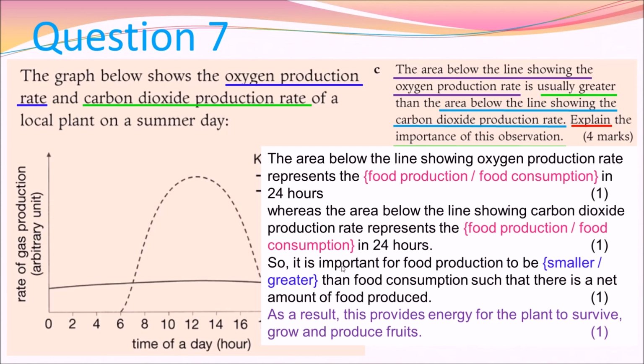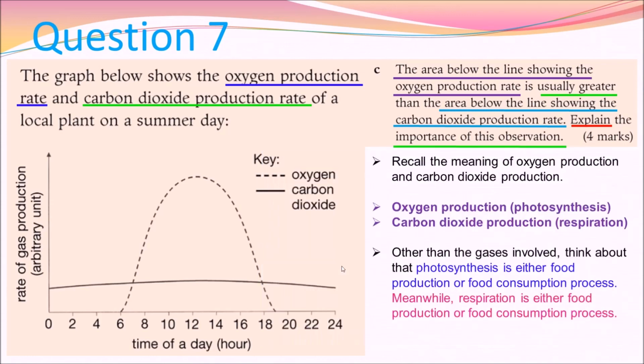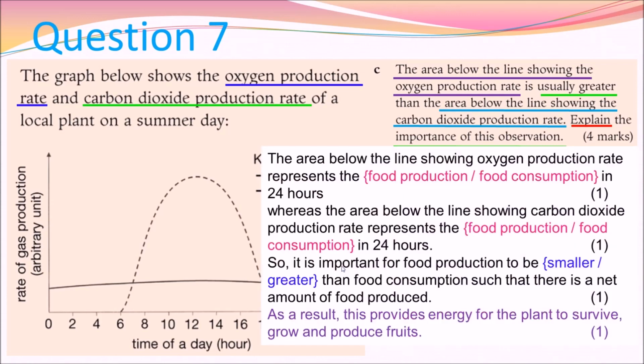You have the last sentence already. So for the first 3 statements, you think about the question I asked you. O2 production, CO2 production, photosynthesis, respiration, food production, food consumption. What is the relationship among them? After you think about this, you can construct the whole paragraph for me.